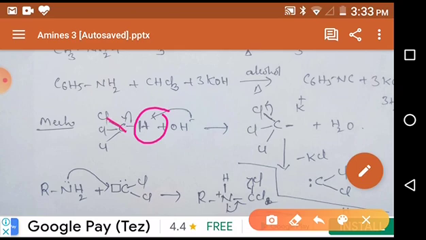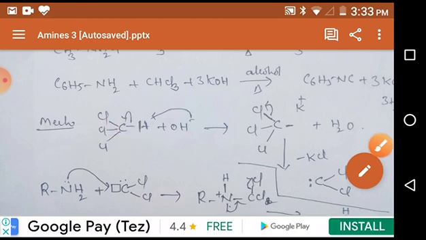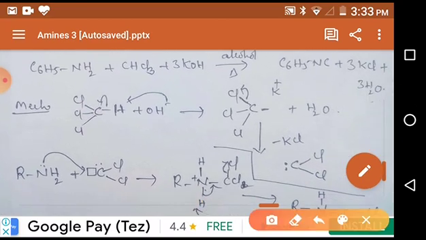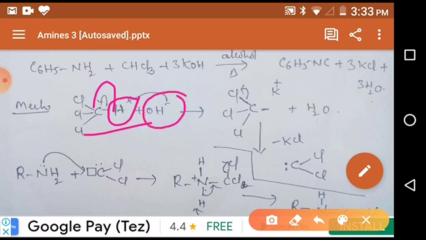This carbon is in turn linked to 3 chlorine atoms which are more electronegative. That's why this carbon-hydrogen bond becomes polar. The carbon, being electron deficient, attracts the bond electrons towards itself. That's why this hydrogen goes as H plus. This H plus is attracted by hydroxide ion, forming water. So we get CCl3 minus.